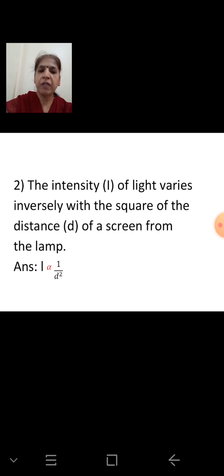I, or whatever you are able to see, write that. Then the symbol of variation, that is alpha. Now it is inversely with the square of the distance. Inversely, take 1 upon. And square, how do we write square in index form? Index is 2. So 1 upon d square. So how do we write? I varies 1 upon d square. That is written in symbol of variation.